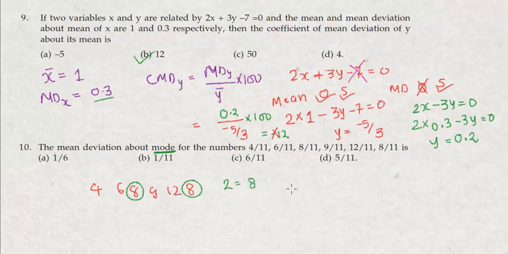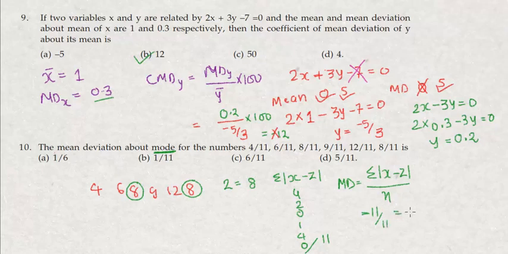Now, if I want to find out the mean deviation, then I must find out modulus of X minus Z. So which is going to be 4 minus 8 is 4, 6 minus 8 is 2, 8 minus 8 is 0, 9 minus 8 is 1, 12 minus 8 is 4 and 8 minus 8 is 0. Let me just add all the numbers here. 6 plus 1, 7 plus 4 is going to be 11. So mean deviation about mode is going to be modulus of X minus Z divided by N. So it is 11 by 11, which is nothing but 1.